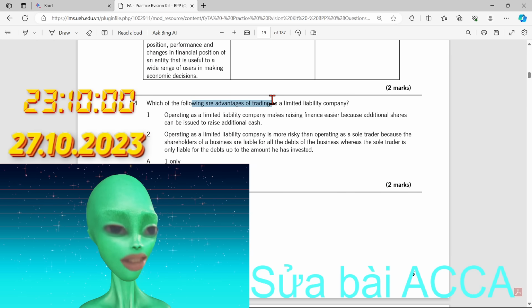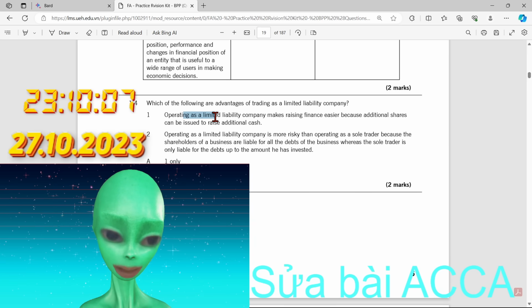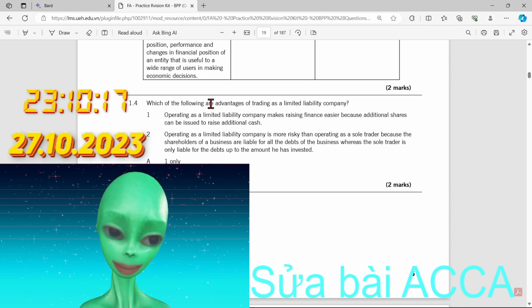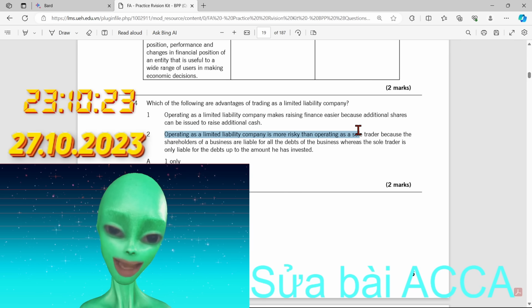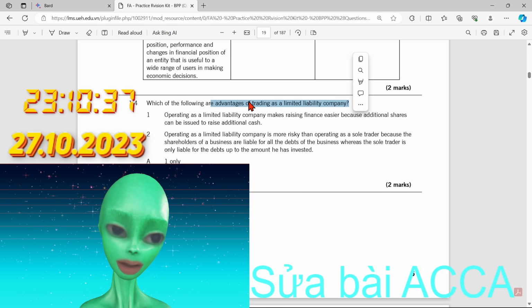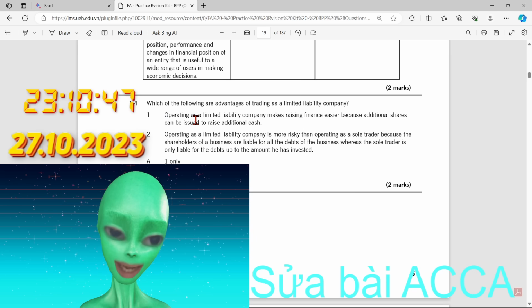Which of the following are advantages of trading as a limited liability company? Operating as a limited liability company makes raising finance easier because additional shares can be issued to raise additional cash. Operating a limited liability company is more risky than operating as a sole trader because the shareholders of a business are liable for all the debts of the business.